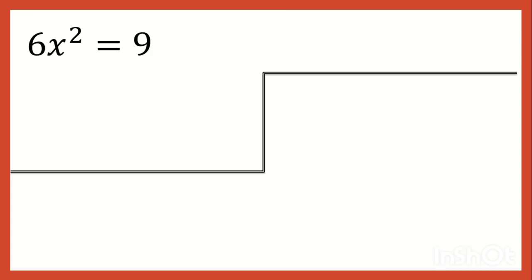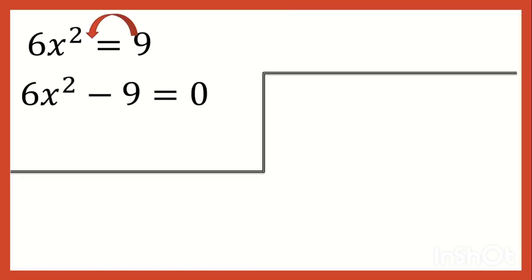Next, we have here 6x squared is equal to 9. So let us arrange it into standard form. Lipat natin si 9. So magiging 6x squared minus 9.